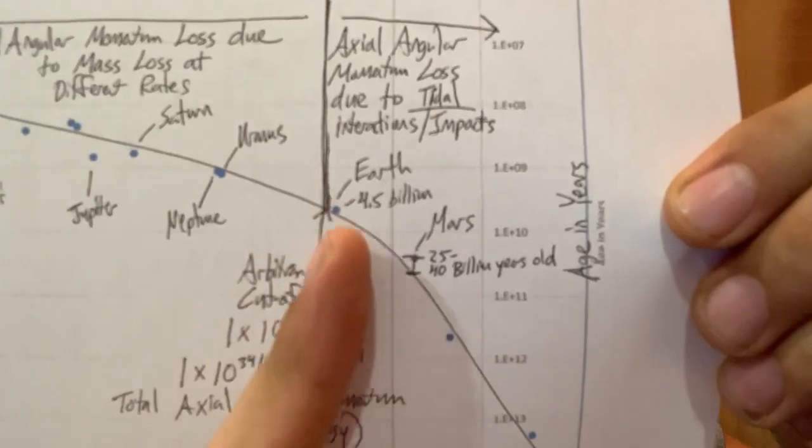The reason why I did an arbitrary cutoff is because when the star has its beginning axial angular momentum, the way that it loses its angular momentum, its spin, is by losing mass, because both mass and angular momentum are conserved quantities. When you remove the mass, you also remove the angular momentum. So that's where the majority of the spin is taken away when a star is young.